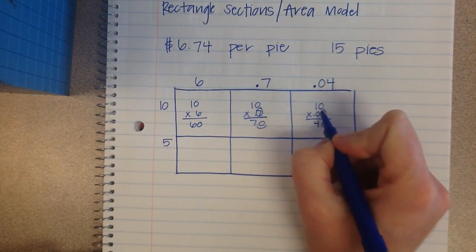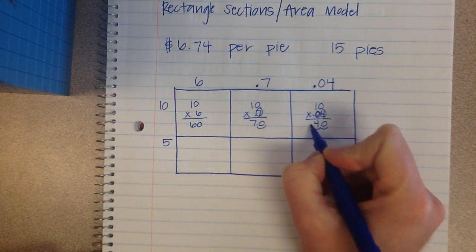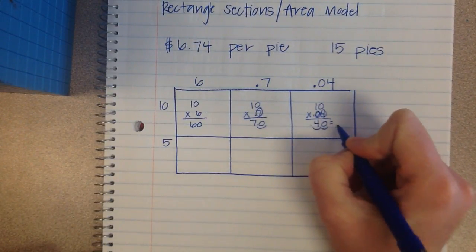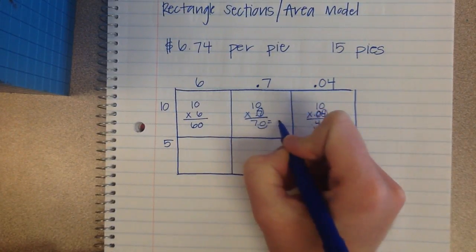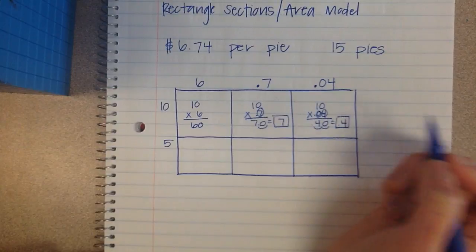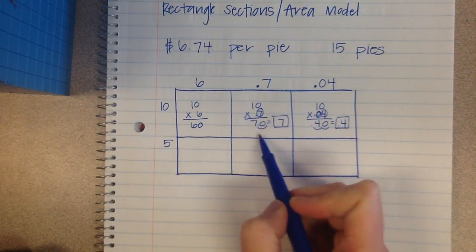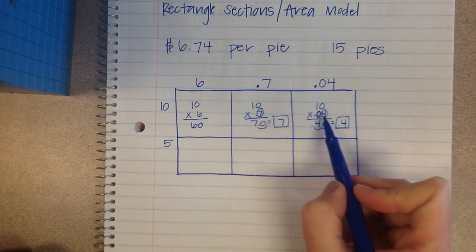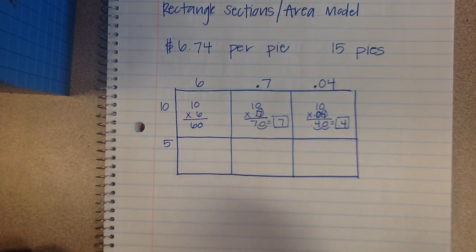Now I multiplied with 2 placeholders behind the 0, so I'm going to move it over twice. So that means it equals 0.4. This means 7. See, I only had 1 digit behind the decimal here, so that's why I only move it once. I had 2 digits behind the decimal, so that's why I moved it twice there.